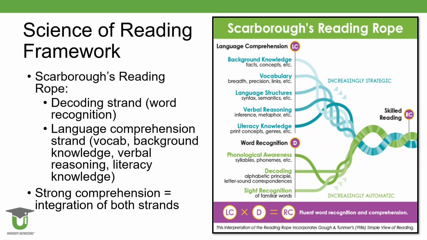It involves vocabulary, background knowledge, verbal reasoning, and literacy knowledge. Strong comprehension occurs when these strands are woven together. Students must both decode words accurately and understand the meaning behind them to become proficient readers. This model reminds us that teaching reading isn't just about decoding or vocabulary alone, but how these skills work together.